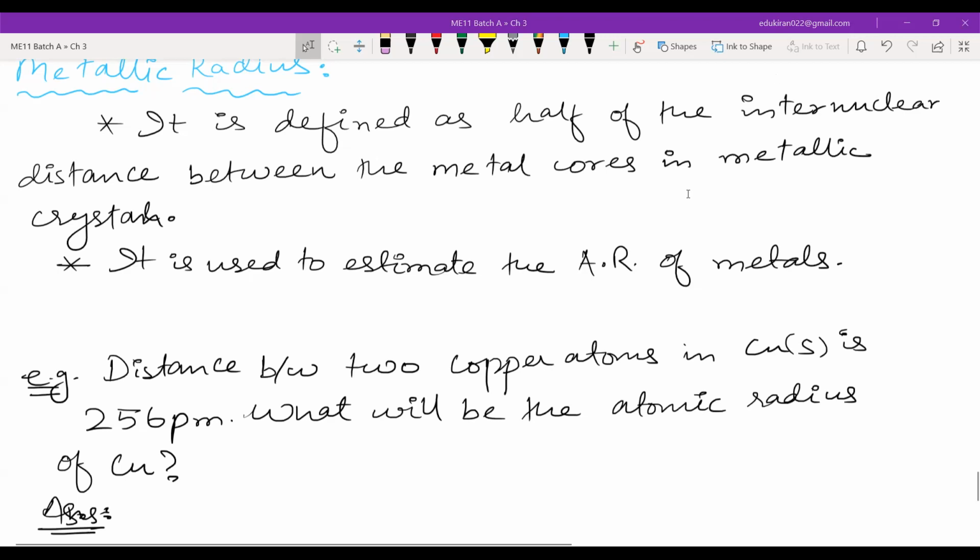Hiba, what is the distance between the two copper atoms? Yes, correct. This is easy: 256 picometer is the distance between two copper atoms. Just halve it. This will be 128 picometers.